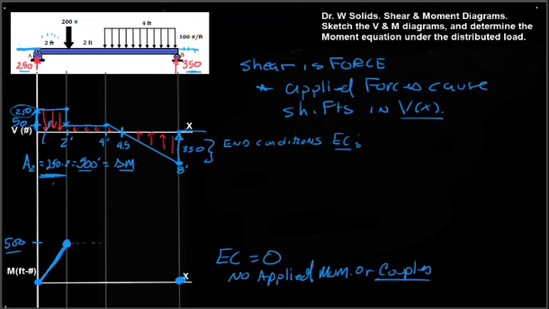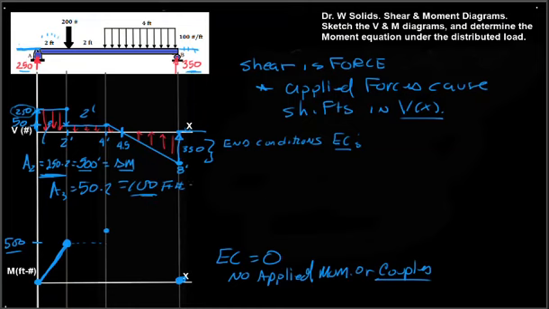Now to get from here to here, we'll have A3, which is this area right there. And that'll be 50 times 2. Again, this is 2 feet. So we have 100 foot-pounds. So from here to here, we'll increase another 100.